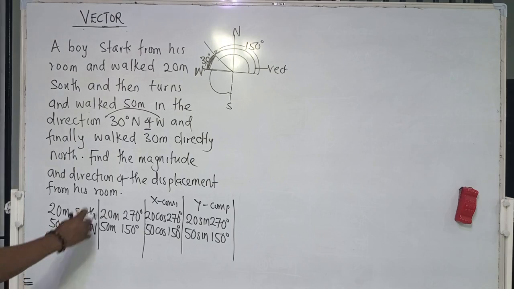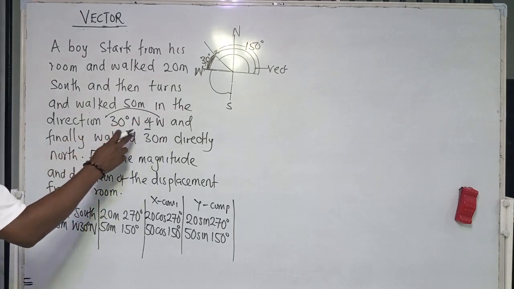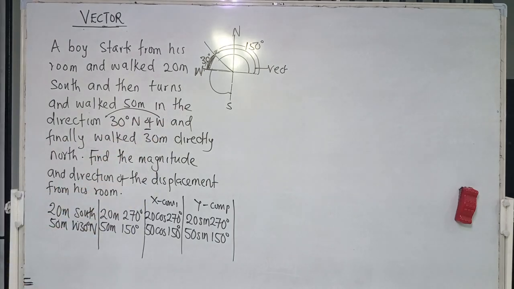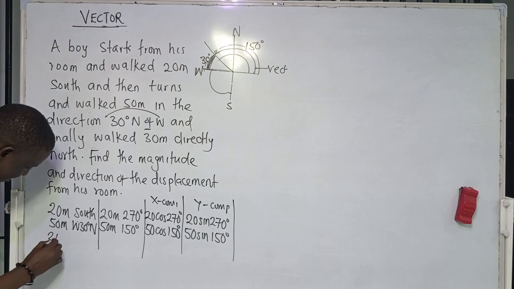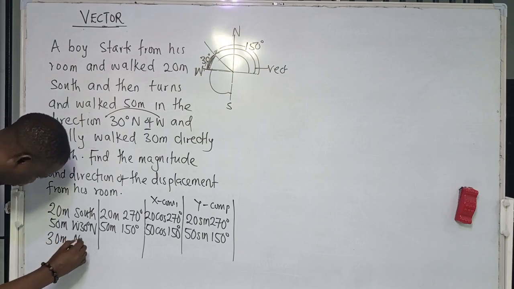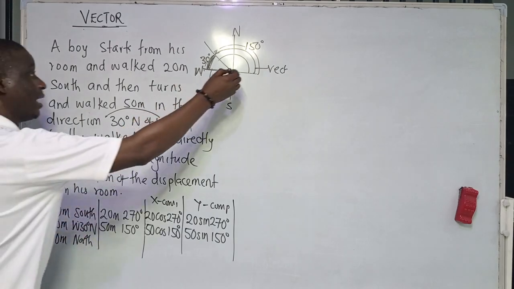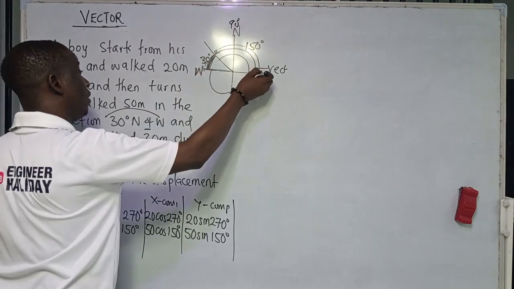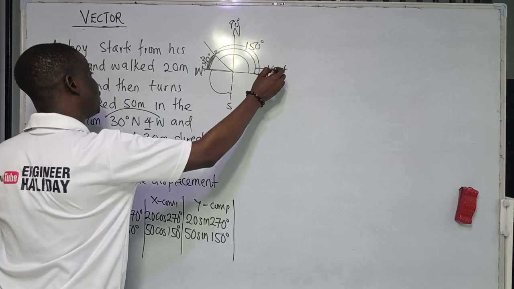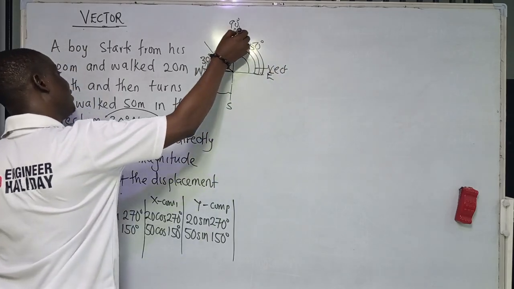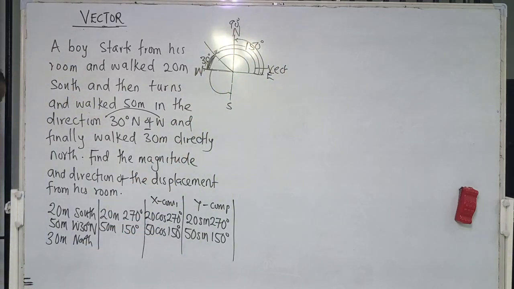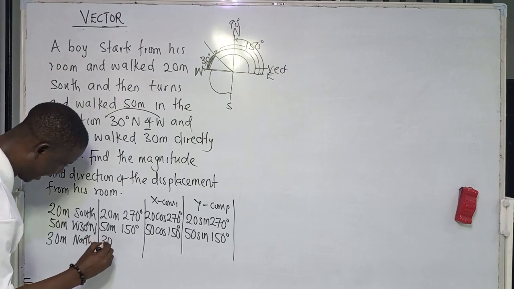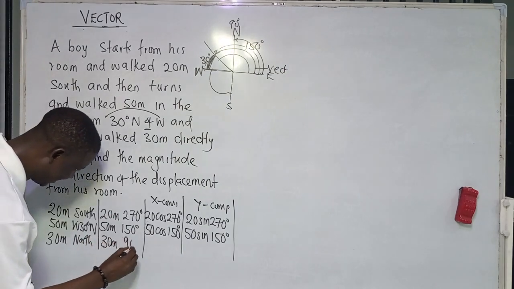Then the last part, and that's it. Finally, 30 meters directly north. North is 90. I told you, according to vector, you start from the east and rotate towards the north. This is 90 degrees to the north. So this one is 30 meters and 90 degrees.